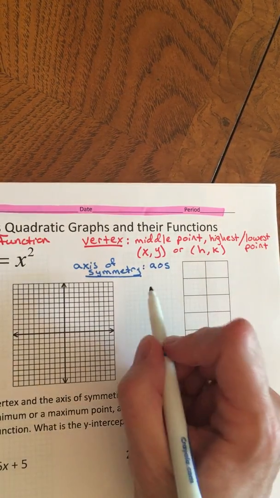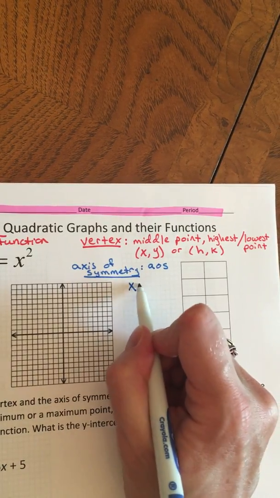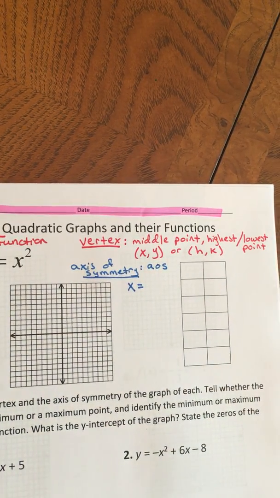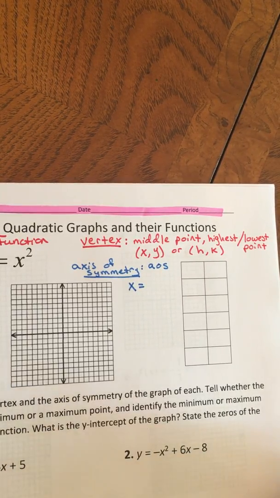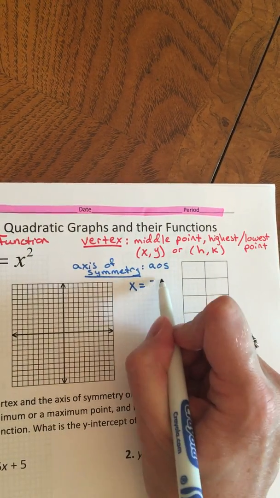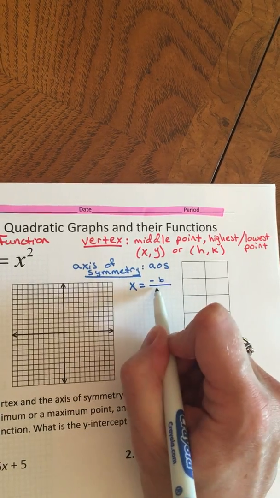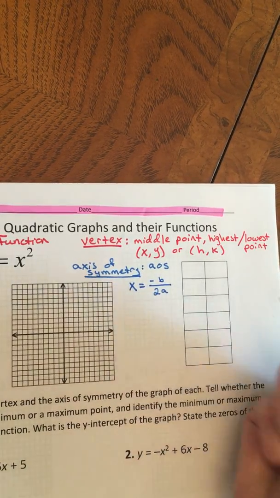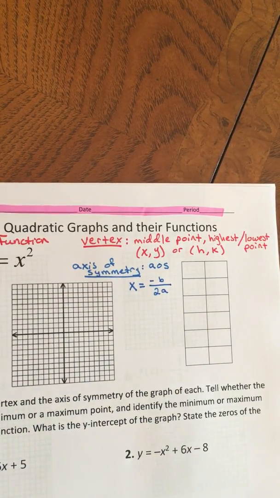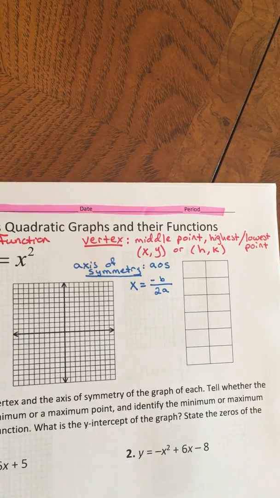And this is a line. It is always an x equals line. And it's going to be x equals some number. That number comes from negative b over 2 times a.